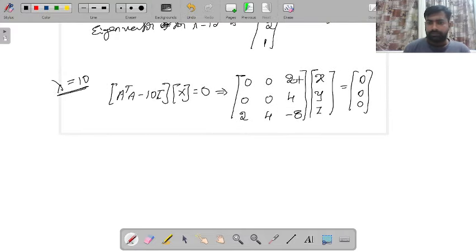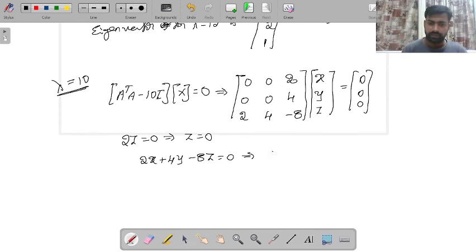Now you can see from the first two equations 2z equal to 0, that implies z equal to 0. Okay, and from the last equation you can see 2x plus 4y minus 8z equal to 0. From this, z is anyway 0.